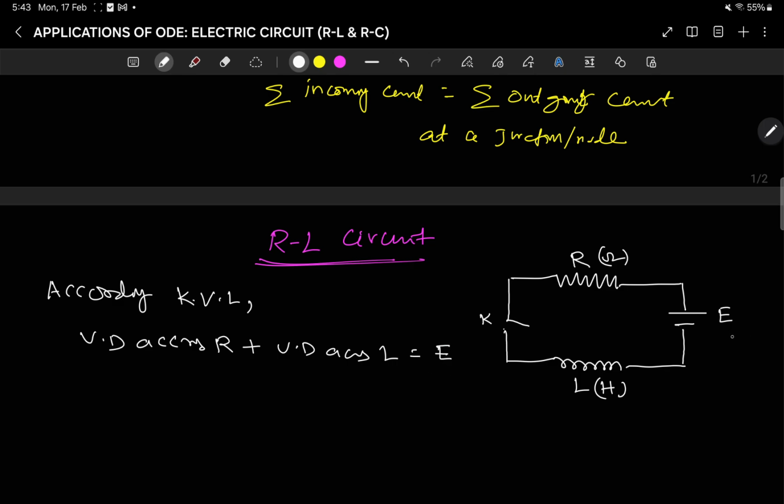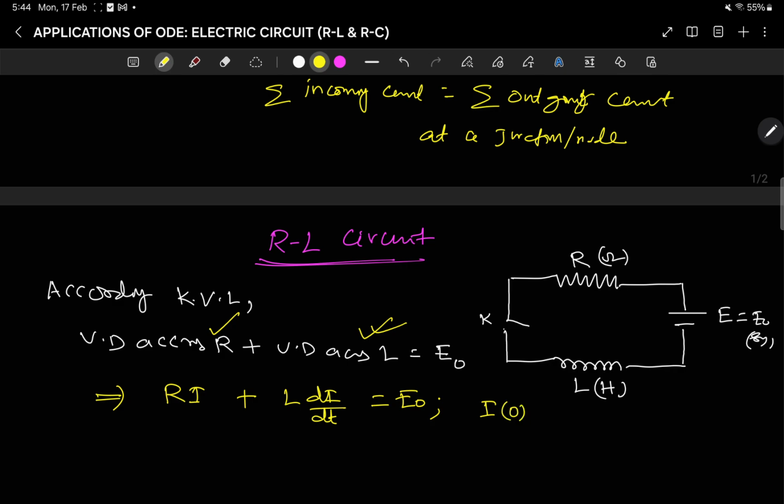Or suppose I take E as E0. So this implies voltage drop at R is Ri plus voltage drop across L is L di by dt, is equal to E0. Now when the key is open, note that i of 0 is equal to 0.